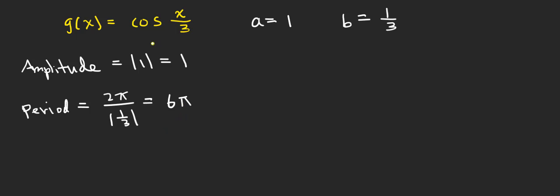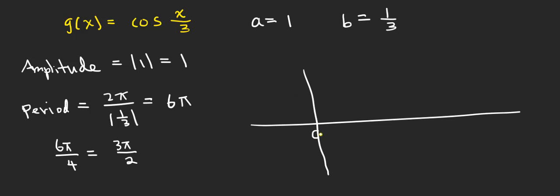Now, in order to sketch this, we need to break the period into 4 parts. So let's divide 6 pi by 4. You're going to get 3 pi over 2. Notice why this is so useful when you want to graph cosine of x over 3. So this is 0, and we're going to go 3 pi over 2.